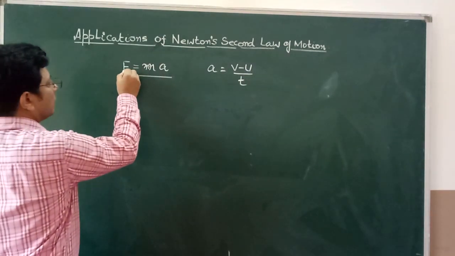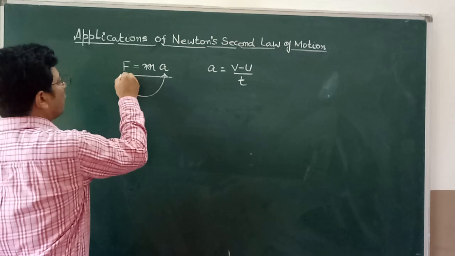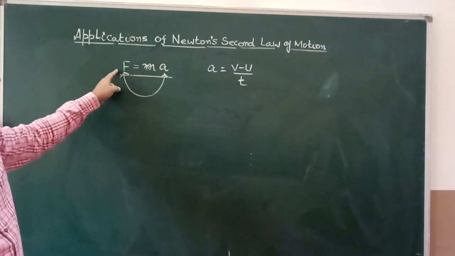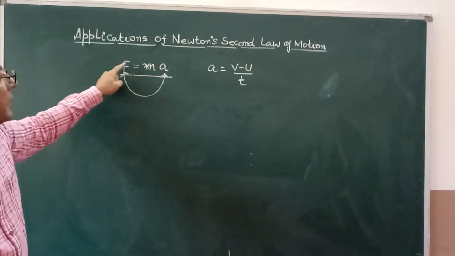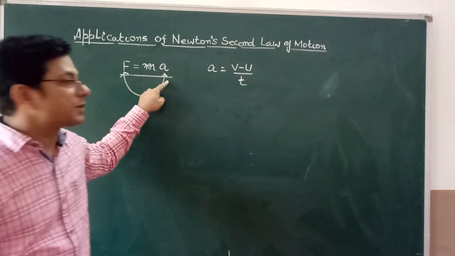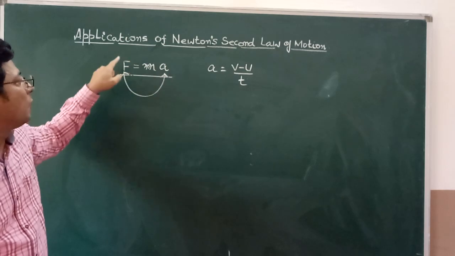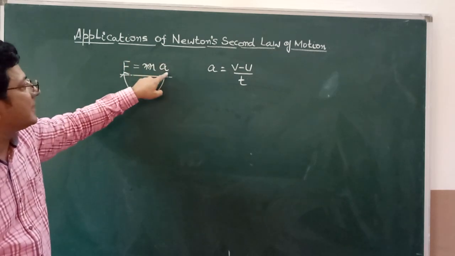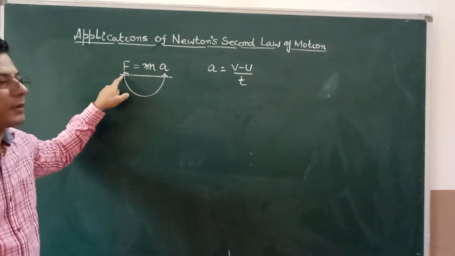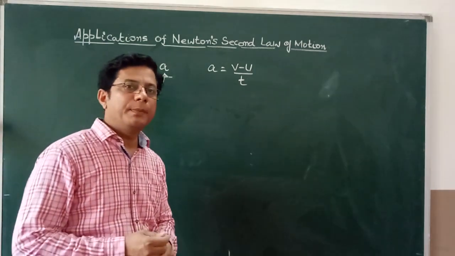Force and acceleration, what is the relation between both of them? Directly proportional. If acceleration is more, then force will be more. If acceleration is less, then force will be less. This is known as directly proportional.